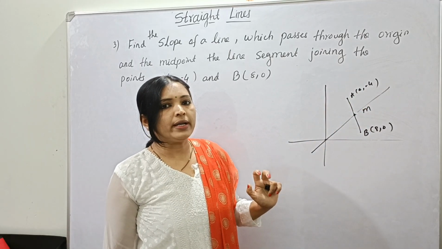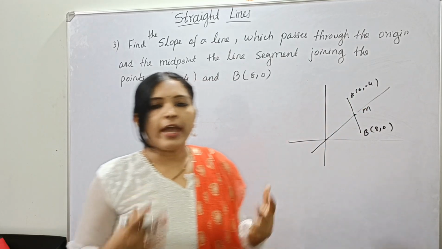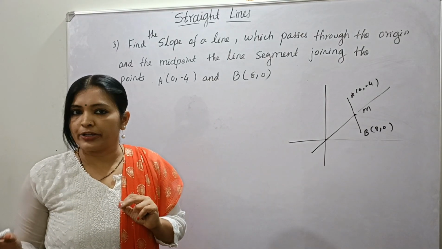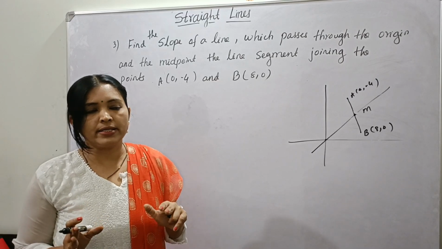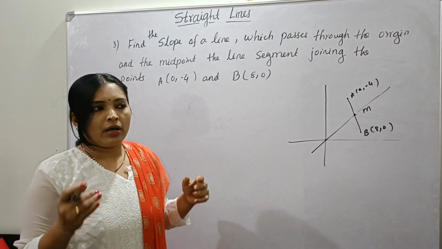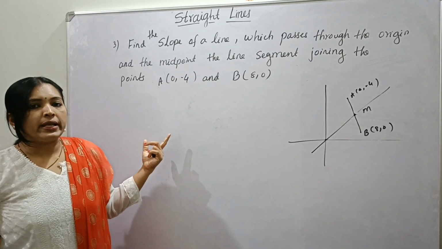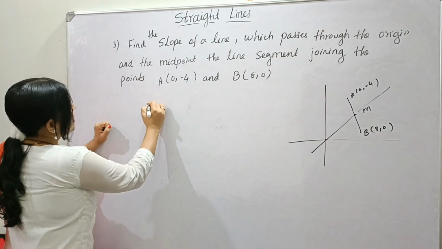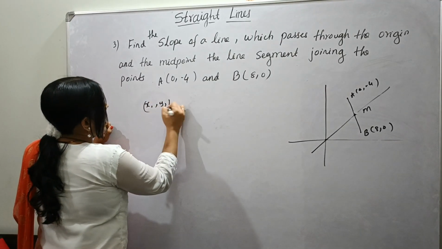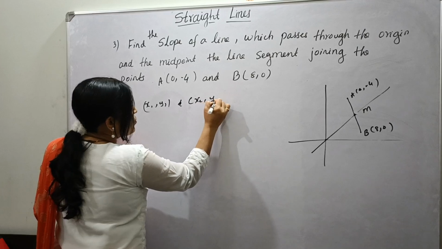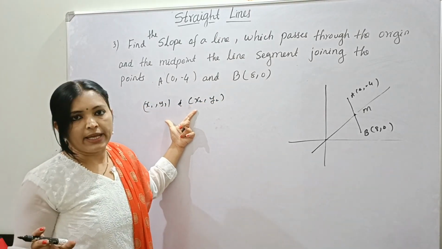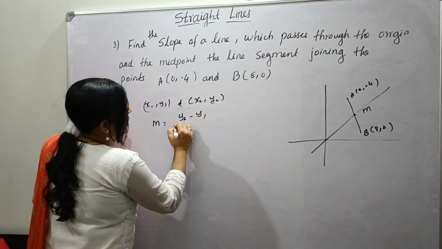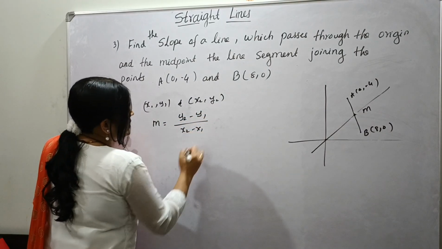We know that we can find the slope m when two points on the line are given. We have studied this. If (x1, y1) and (x2, y2) are the points on the line, then slope m is equal to (y2 minus y1) divided by (x2 minus x1).